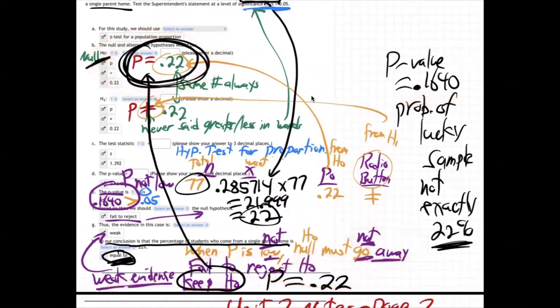Weak evidence is when there's a high chance it was just lucky. If there's almost no chance, if it was less than 5%, say only a 1% chance of luck, we call that strong evidence. But this is weak. There's a 16% chance that we just got lucky on that data, the reason it didn't come out exactly at 22. So we believe it really is 22, and we just got a lucky sample, unlucky, whatever you want to call it. And so there's our conclusion.